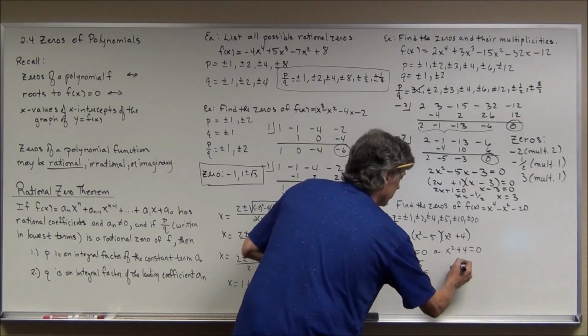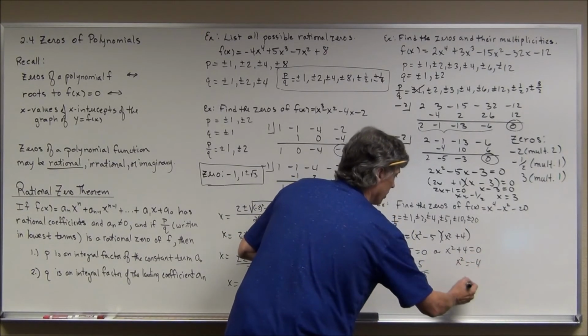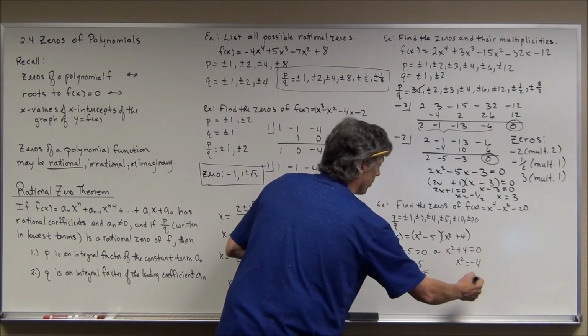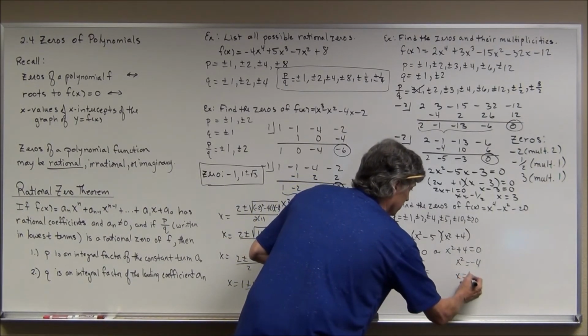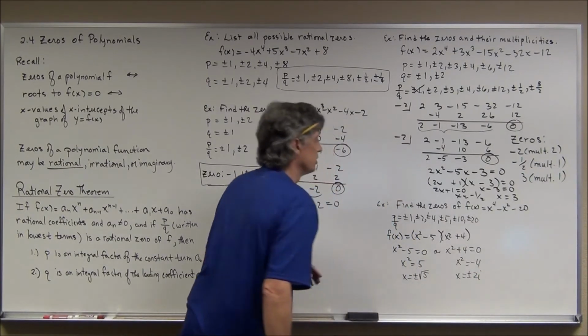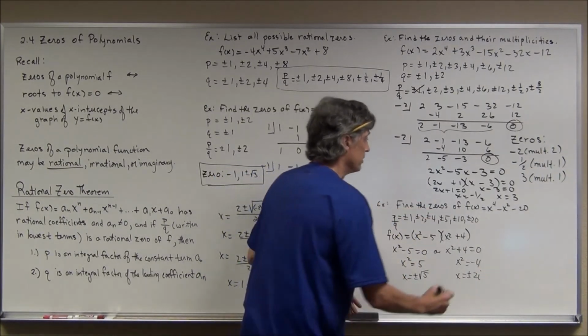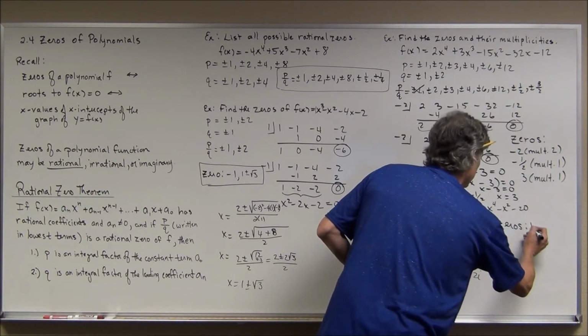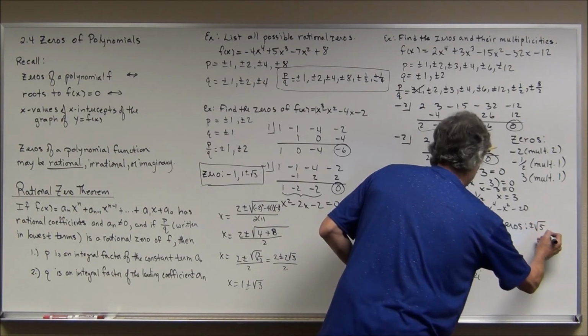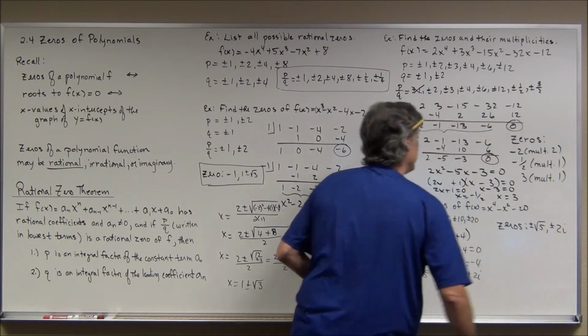Subtract 4, take the square root of negative 4 is 2i, plus or minus is the absolute value, and you would have x equals plus or minus 2i. So it says find the zeros. My zeros are plus or minus the square root of 5, plus or minus 2i.